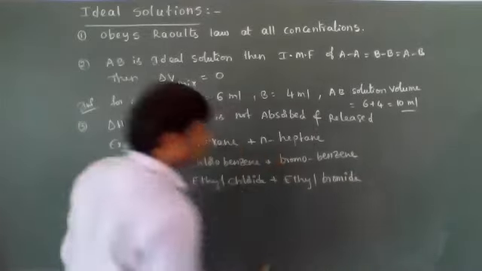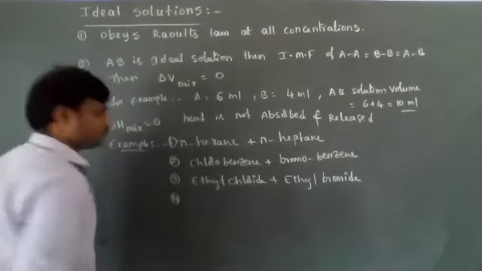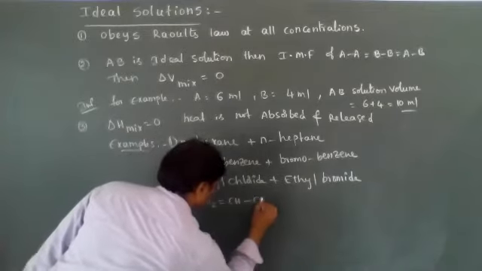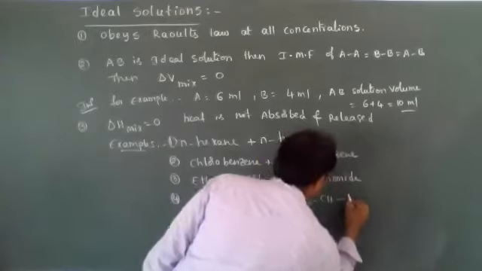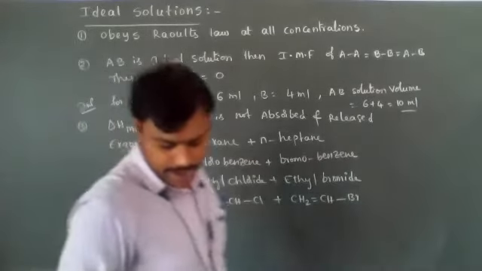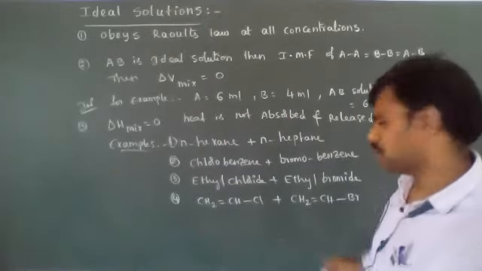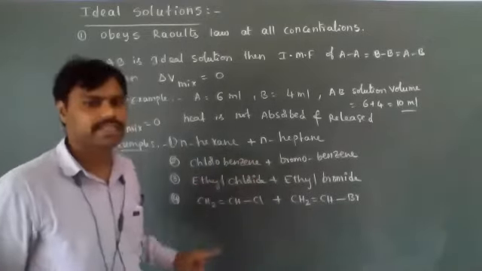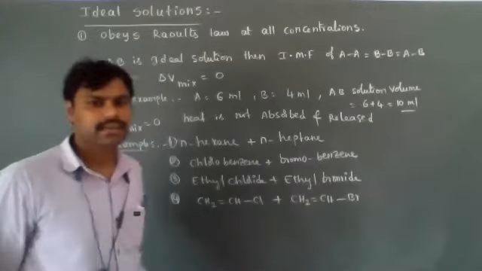Ethyl chloride and ethyl bromide is an example of ideal solutions. One more example, ethylene chloride, CH2=CH-Cl, plus CH2=CH-Br. Ethylene chloride and ethylene bromide mixture is also an example of an ideal solution. Okay, students, so n-hexane, n-heptane, chlorobenzene, bromobenzene, ethyl chloride, ethyl bromide, ethylene chloride and ethylene bromide.